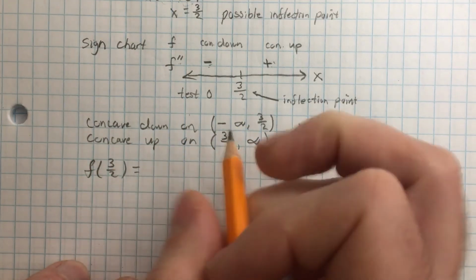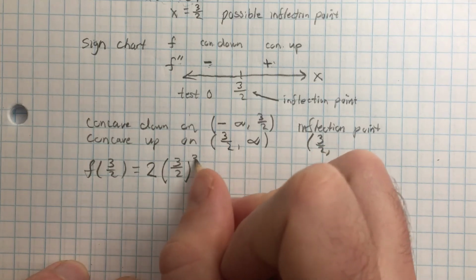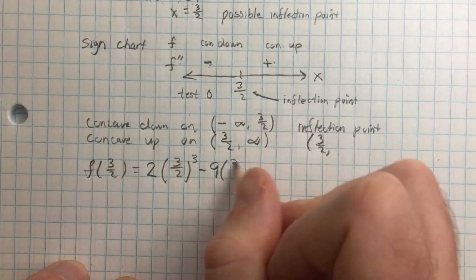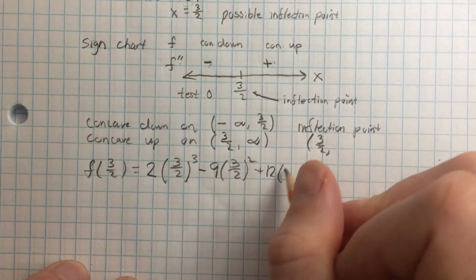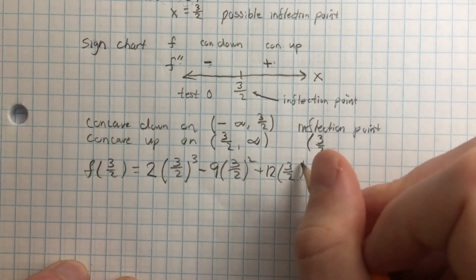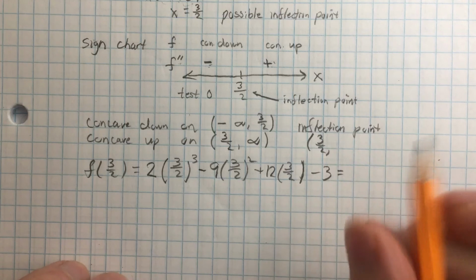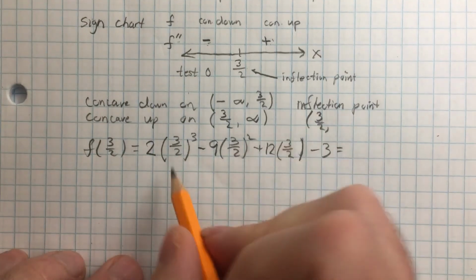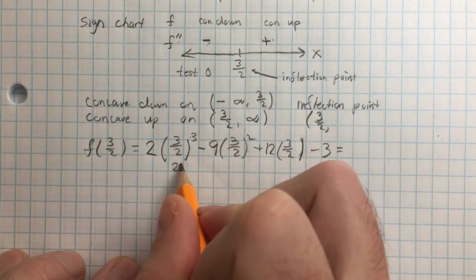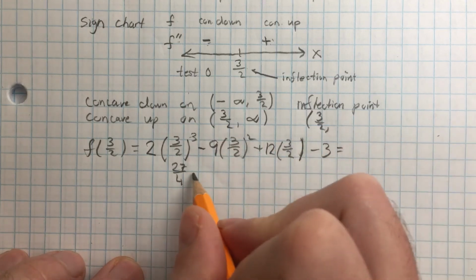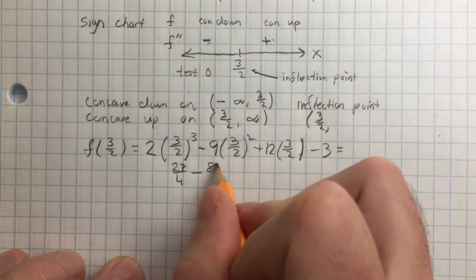f of 3/2 should be 2 times 3/2 quantity cubed minus 9 times 3/2 squared plus 12 times 3/2 minus 3. Okay, trying to hurry through this. This 2 will cancel one of these 2's, so we'll get 27 on 4. Seems reasonable. Minus, this would be a 9, 81, minus 81 on 4.